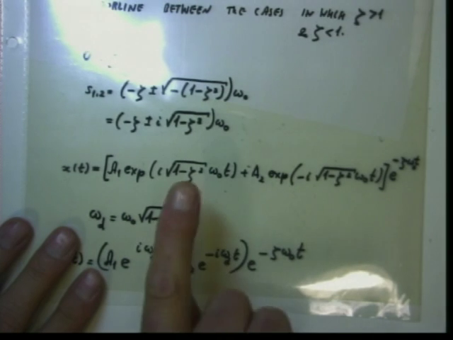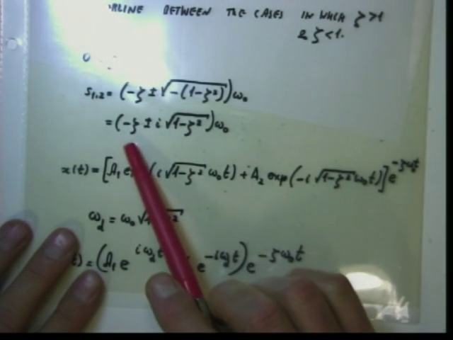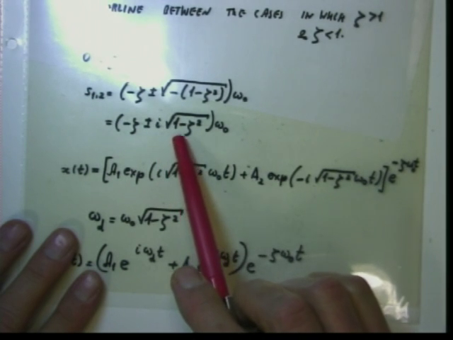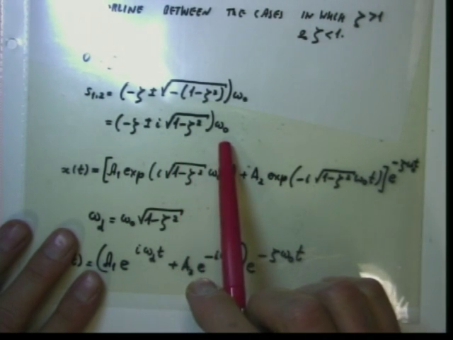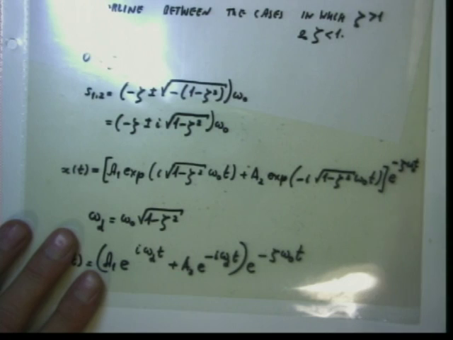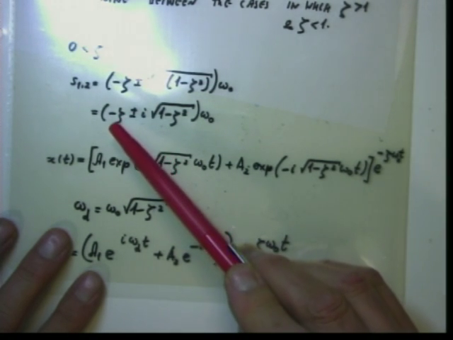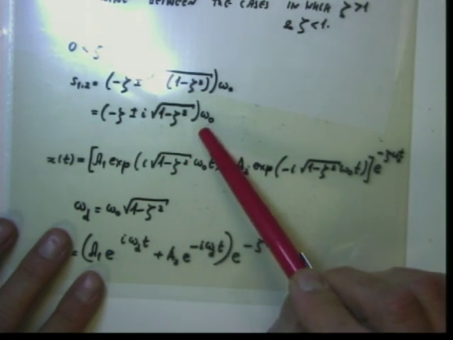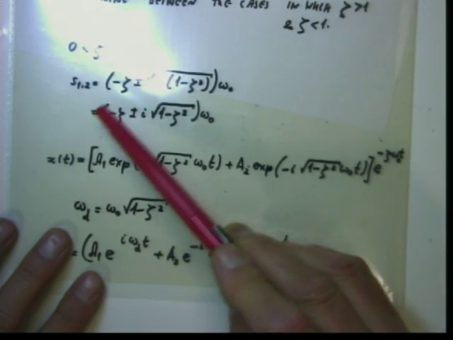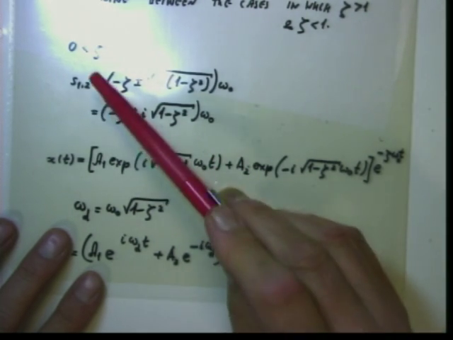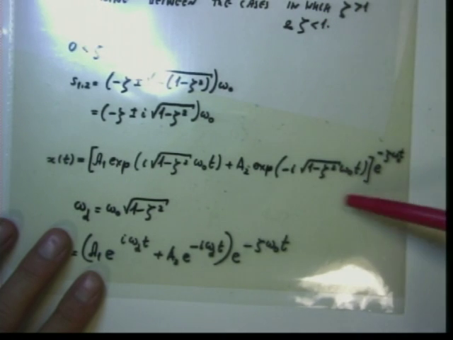So what we get here then is as follows. s equals minus zeta plus or minus i, square root of 1 minus zeta square, times omega sub 0. Pay attention, minus zeta times omega sub 0 t is in the power of e^(st), so this can be taken out.